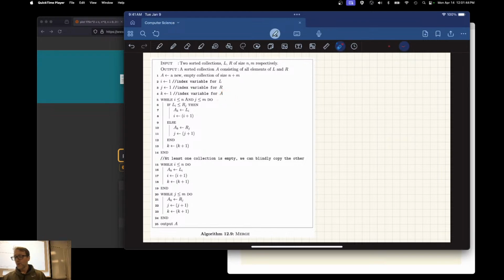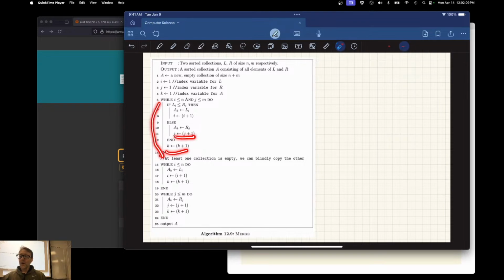Right? While i is less than n and j is less than m, we do the following. Right? If the left partition has a smaller value than the right partition, then we copy over the left partition and advance my i. Otherwise, we copy over the right partition's element, and we advance j. In either case, we advance k.